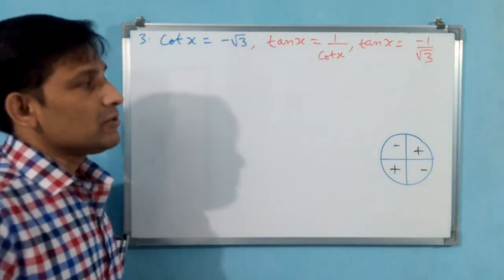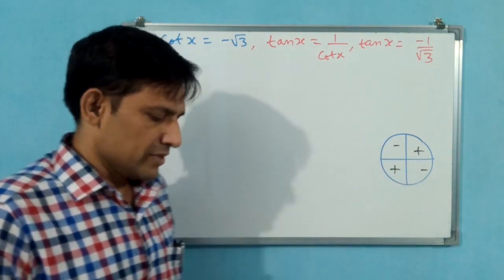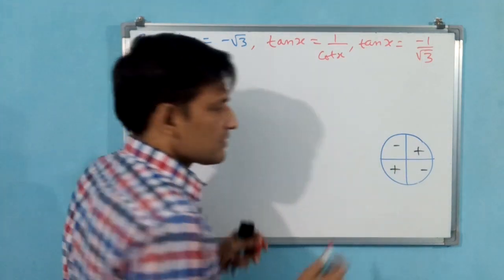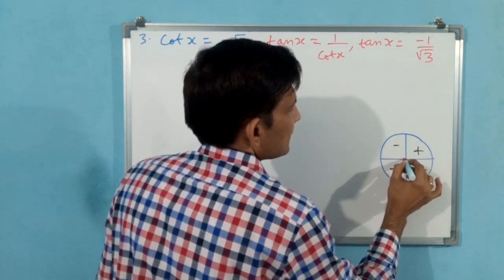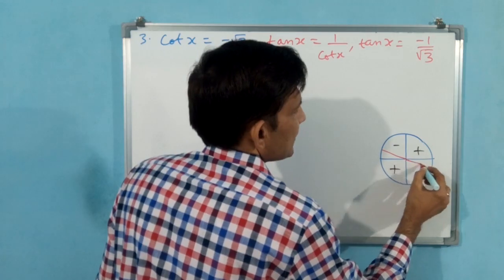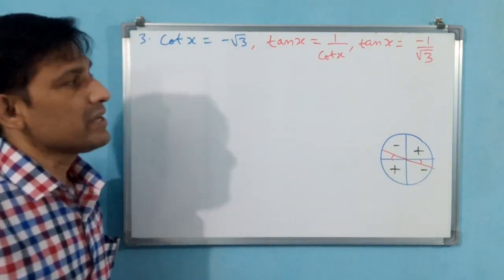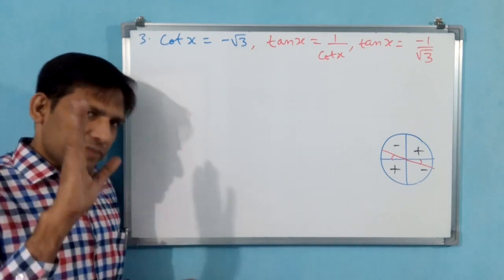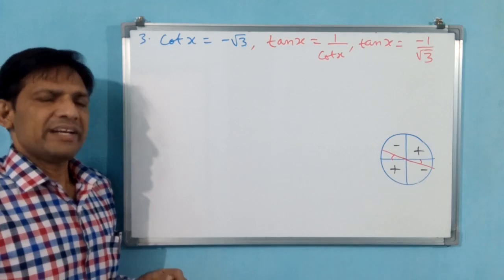But you want which value here? If you observe, minus is there, so negative values will come here. Always angle should be taken from the horizontal x-axis only. Now you tell me, minus 1 by root 3 means first in positive, where will 1 by root 3 come?